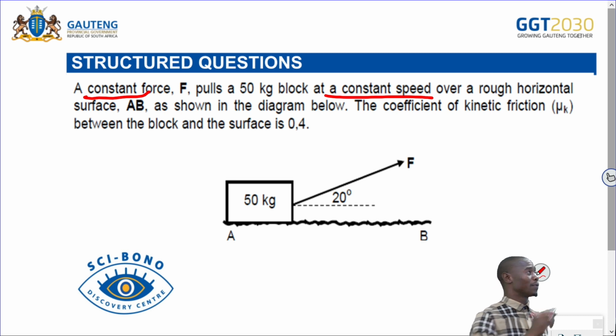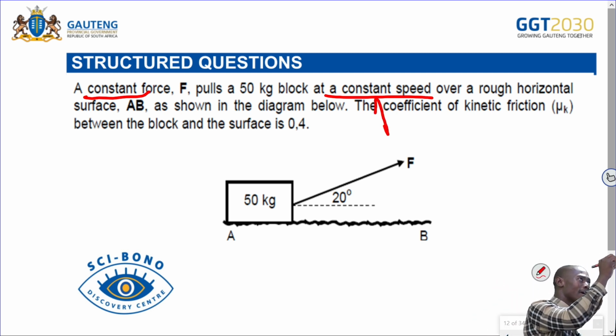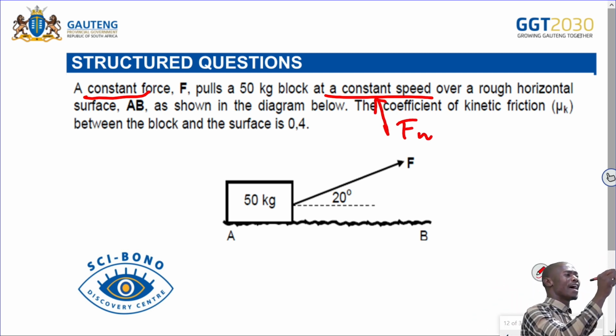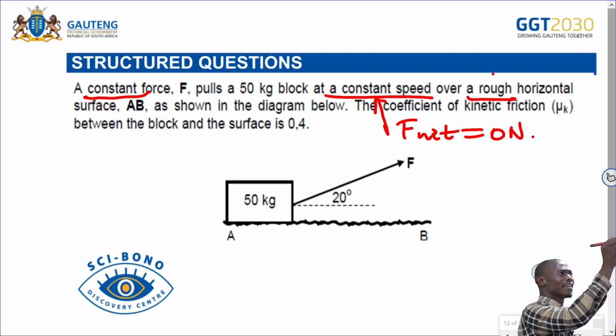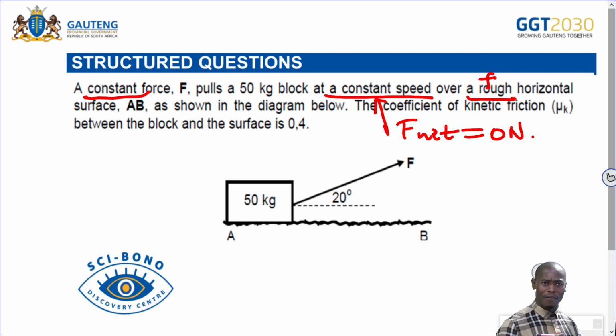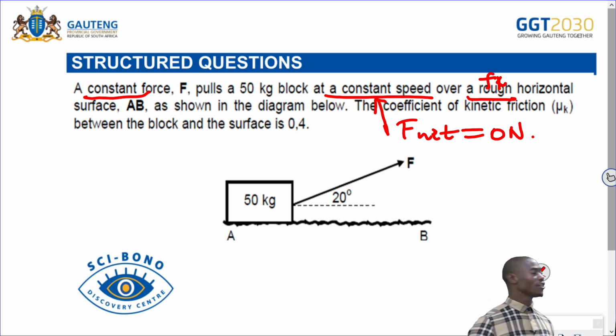At a constant speed, then F net will be 0 newtons, because they've talked about the constant speed over a rough horizontal surface. Rough, so there is friction. What type of friction? Kinetic, because this object is in motion, right? Then the coefficient of kinetic friction, mu k, between the block and the surface is 0.4.